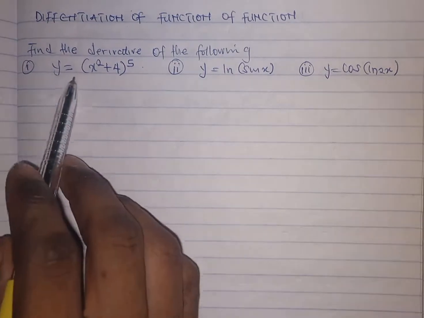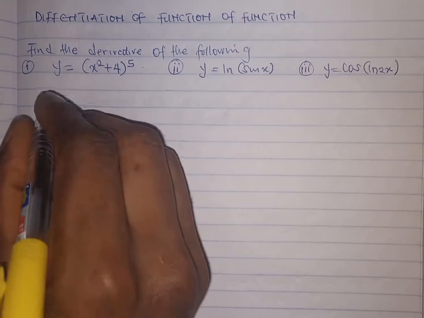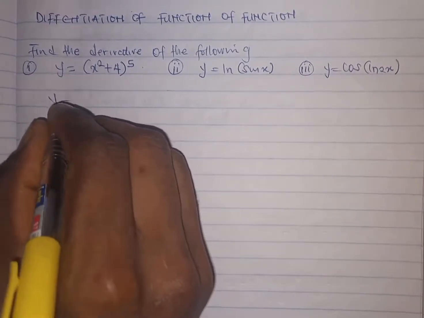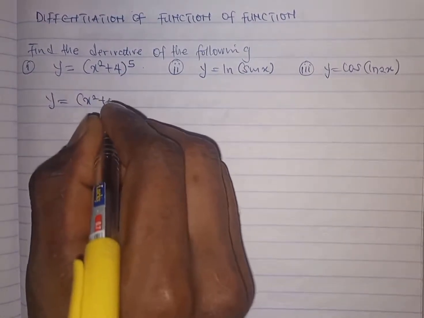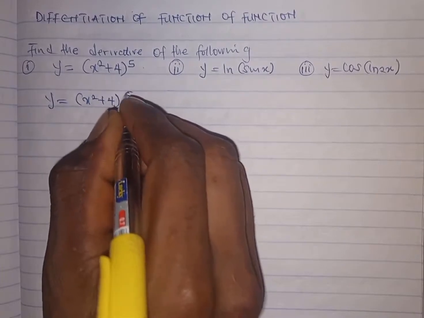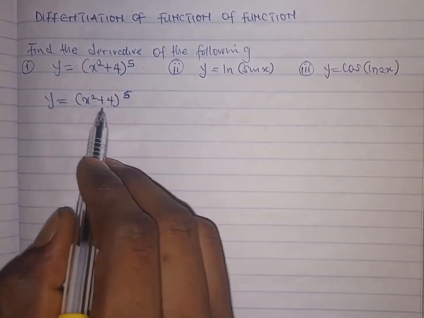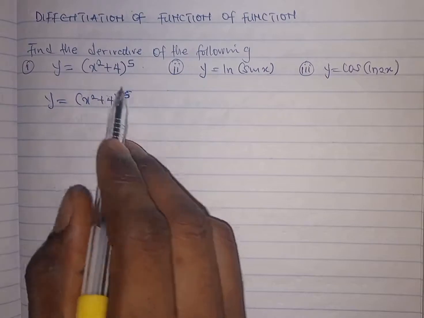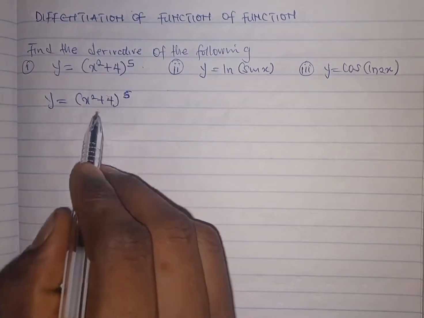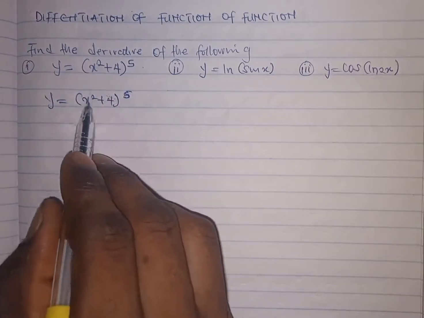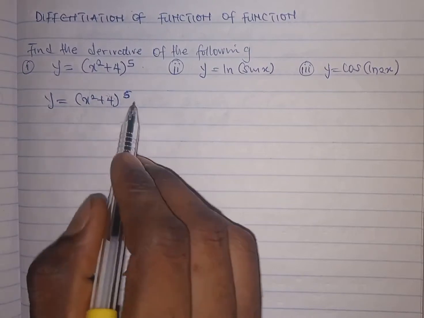Now let's take this as an example. Let's say we have that y is equal to x squared plus 4, raised to the power 5. Take this inside part as the property inside the room. So you take it out.